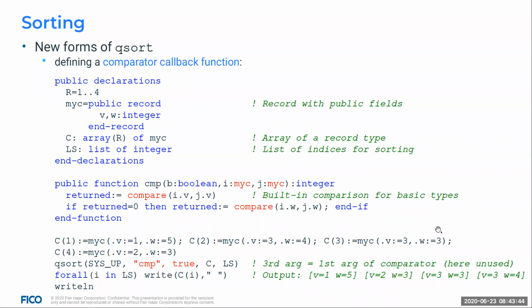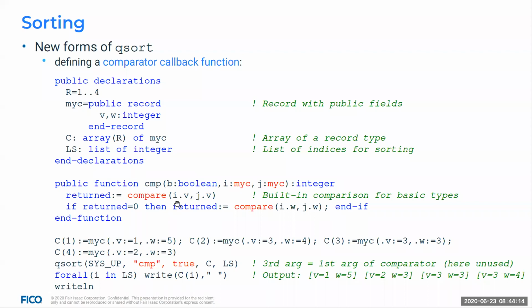Now, this can be extended even further. In the case that I want to compare other objects, for instance, a record type that I've defined myself, I can implement a comparator function that tells me how to compare these types. Mosel has a new built-in compare function for simple types. So for these basic types in the record, I just have integers, for instance.